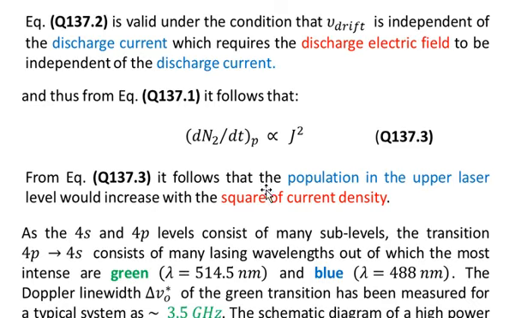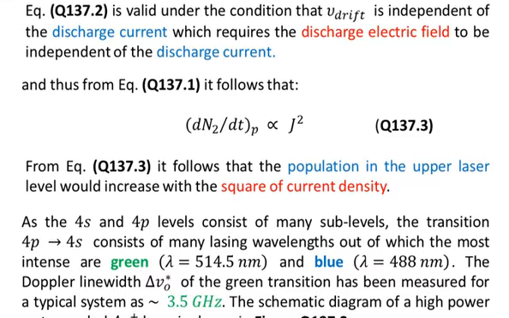So from equation number 3, it follows that the population in the upper laser level would increase with the square of the current density. The greater the current density, the greater would be the population in the 4p levels, and the greater would be the population inversion.